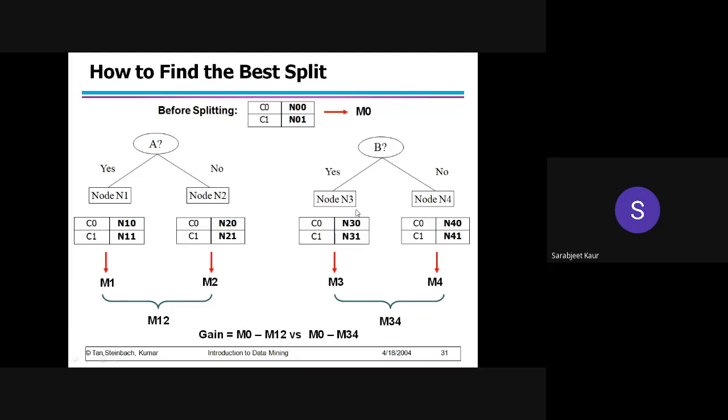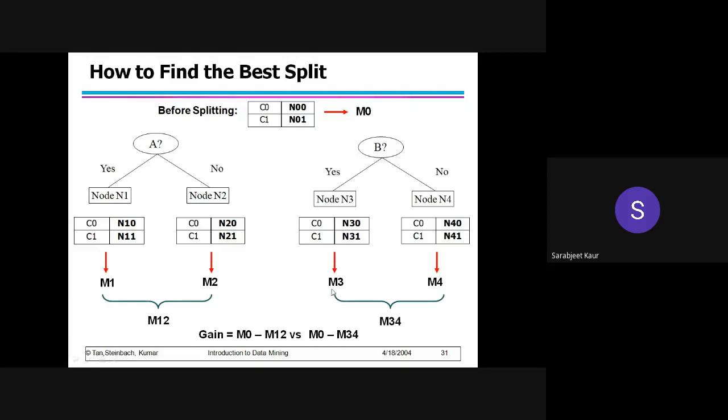That means not only is this metric M3 important, which is computed from the class distribution of node N3, but it is also important to look at how many tuples, out of the total tuples that were present at the parent, lead to this metric.